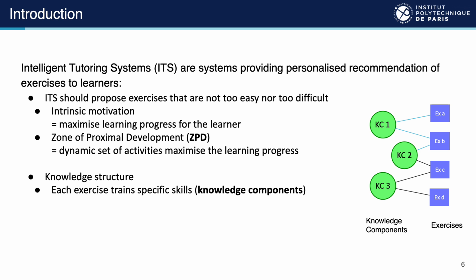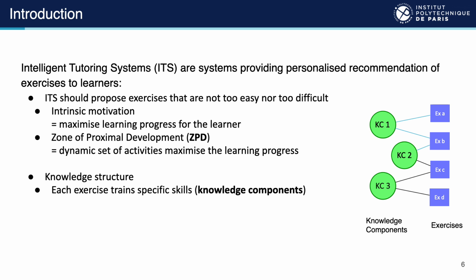The idea is that we have exercises, but each exercise actually trains specific skills that are called knowledge components. For instance, here we have a set of 4 exercises, and they train 3 different knowledge components. Each exercise can train one or several knowledge components, and several exercises can train the same knowledge component.